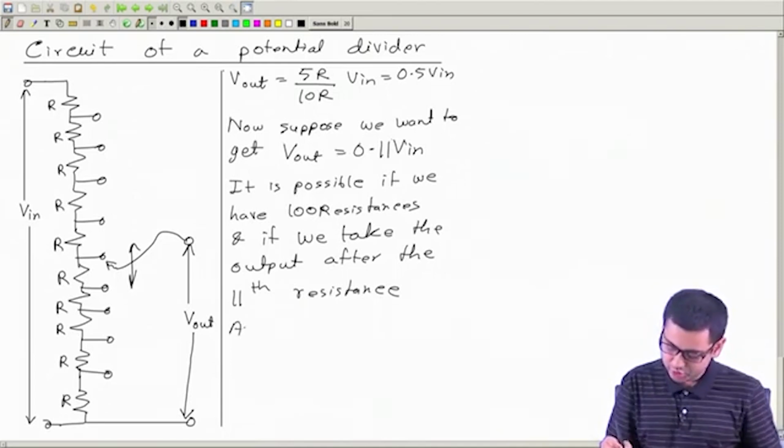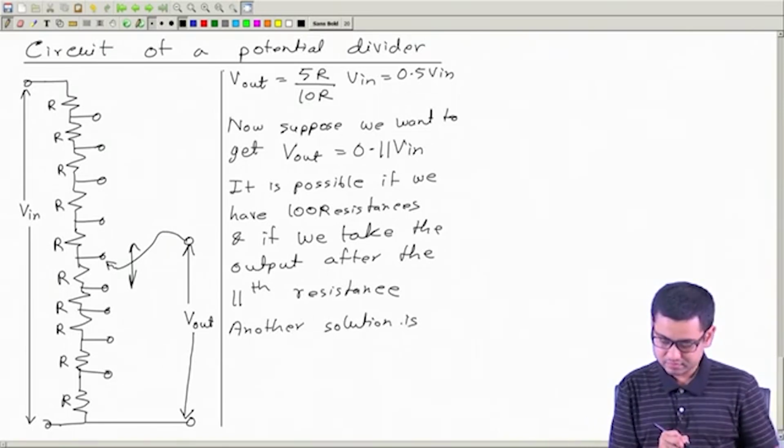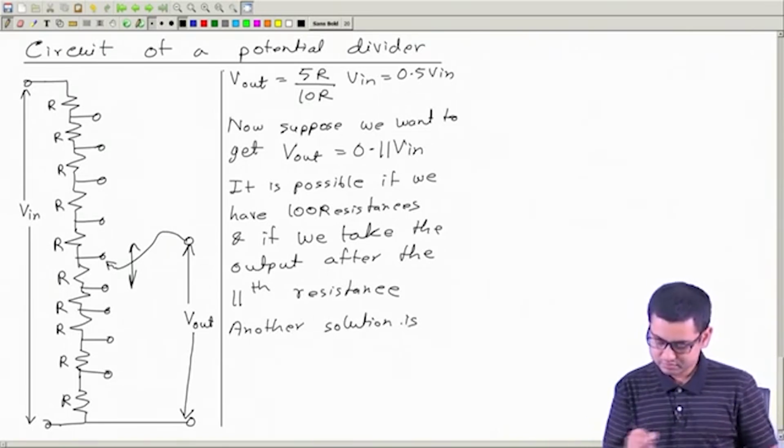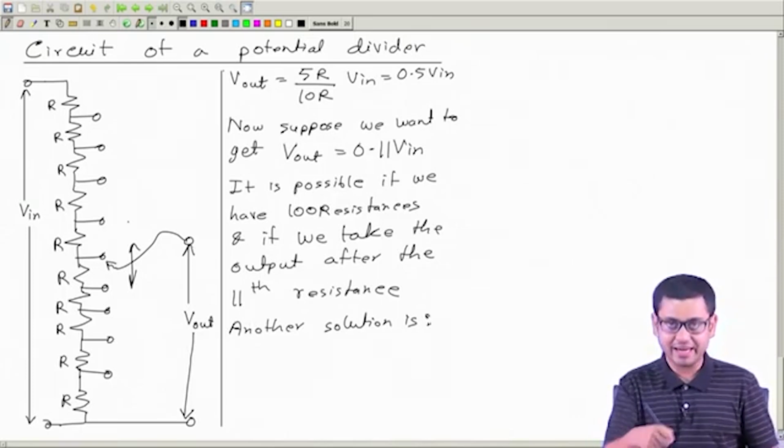So, another solution is to connect potential dividers in cascade.